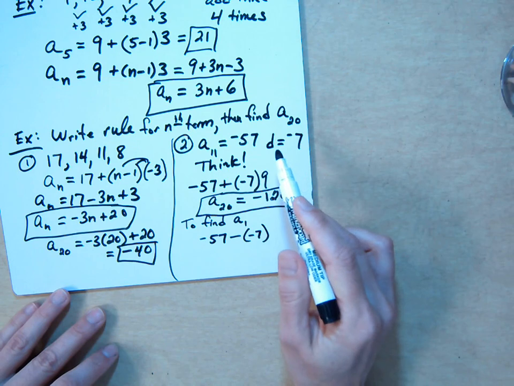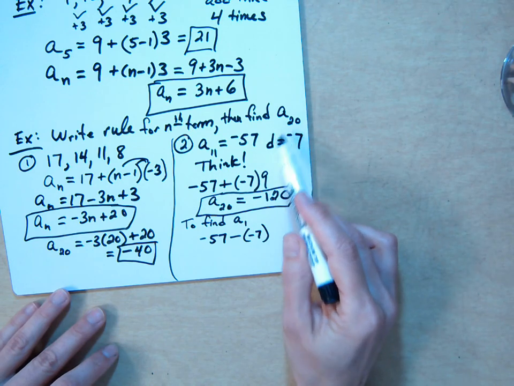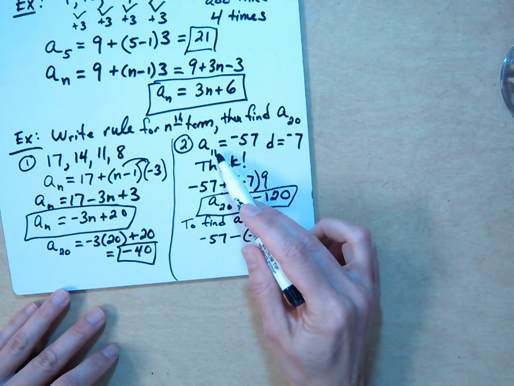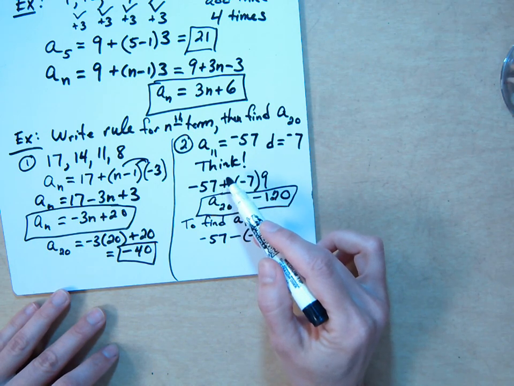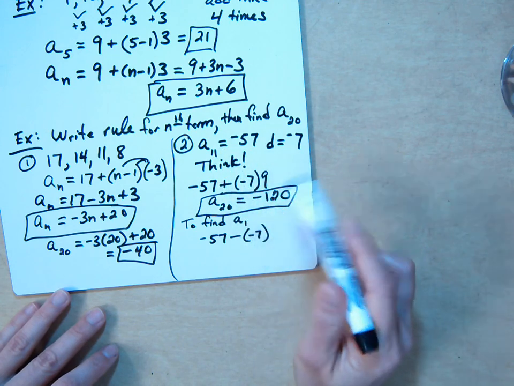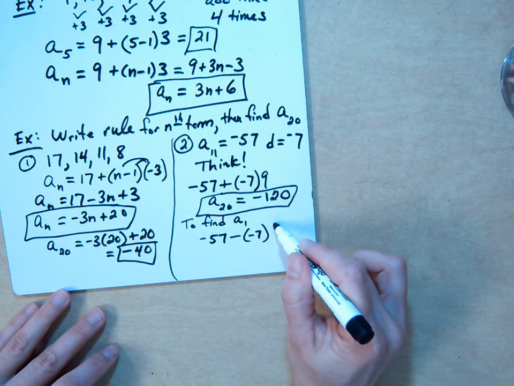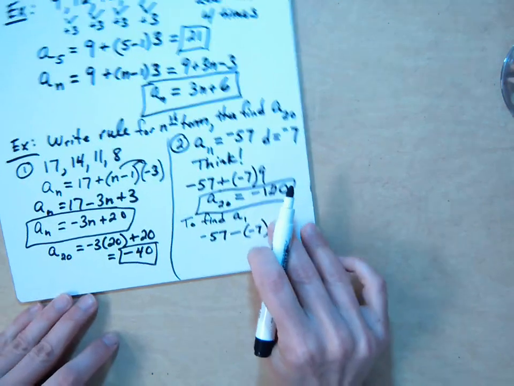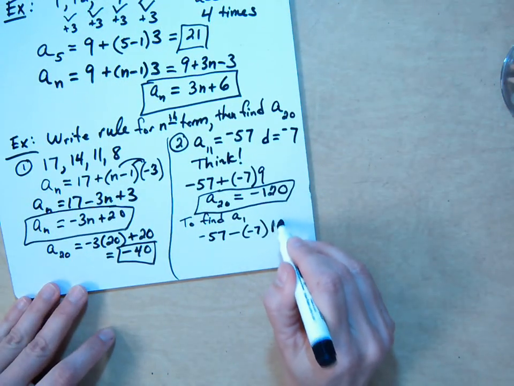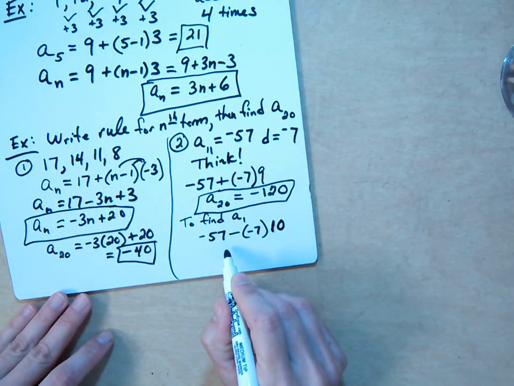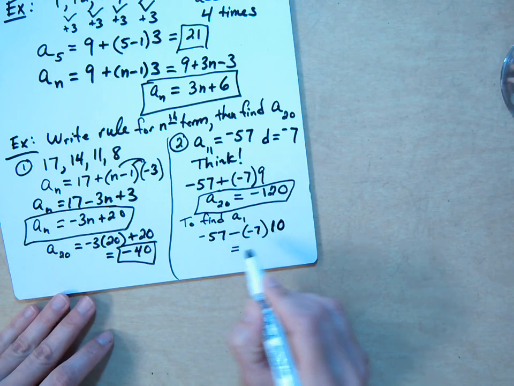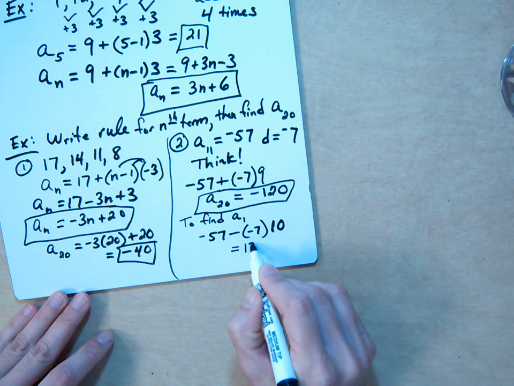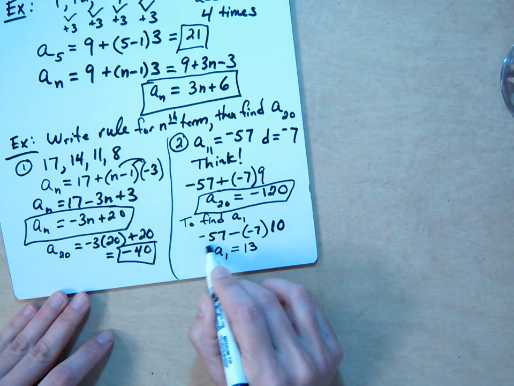To go from the 11th to the 1st, we would do it how many times? 10 times, right? To go from a sub 11 to a sub 1, we would do it 10 times to go in reverse. So that should give us a sub 1, which should be 13, I'm hoping. Yeah. Good. Thank you. So a sub 1 equals 13.